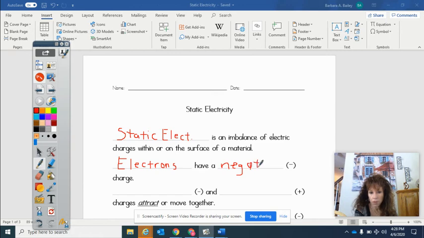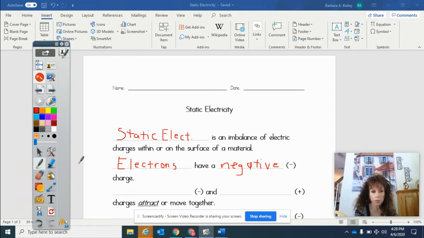I'm just really struggling with writing with this mouse today. Okay, so electrons have a negative charge. Negative. And we show a negative charge just with a minus. So a lot easier than writing it, we'll just use a minus sign.